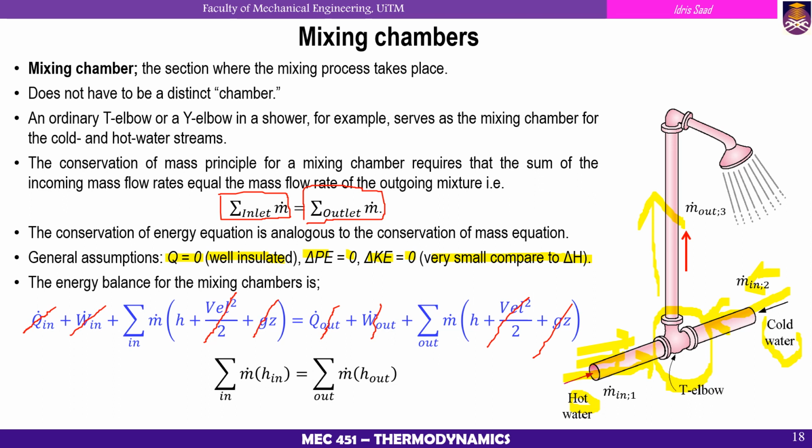So what remains is basically the summation of the mass flow rate times H at the inlet is equal to the summation of the mass flow rate times H at the outlet.